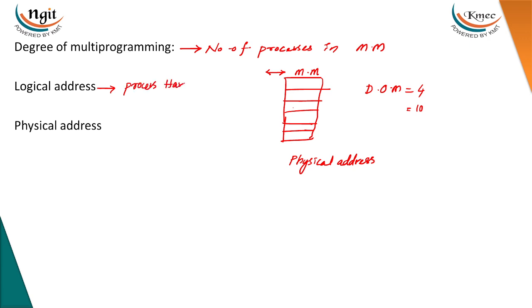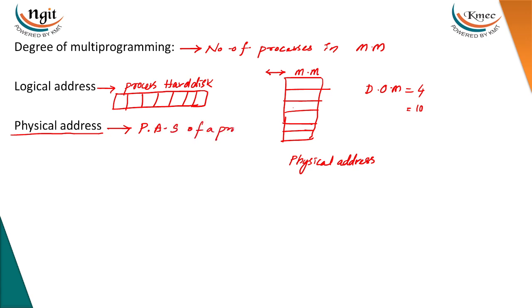The process that is stored in the hard disk is divided into parts and given some addresses. These addresses are called logical addresses. The set of all physical addresses is called the physical address space of a process, which belongs to main memory.